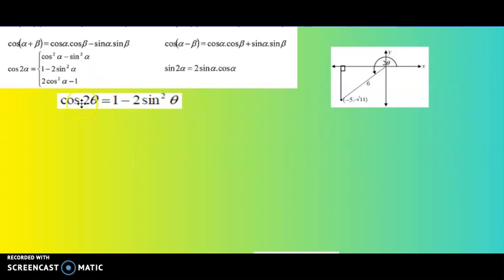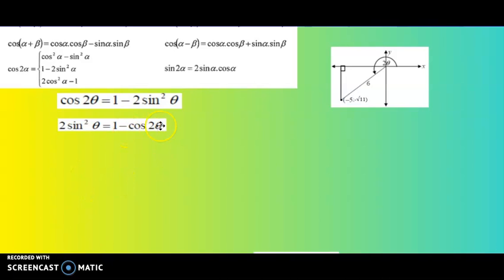First things first, I want to manipulate this equation so that sine square theta is the subject. I add 2 sine square theta here, I add 2 sine square theta over here, I subtract cos 2 theta here, and I subtract cos 2 theta on this side. That leaves me with 2 sine square theta is equal to 1 minus cos 2 theta.